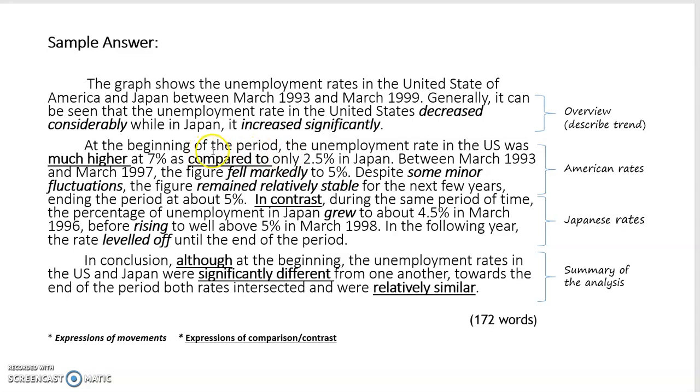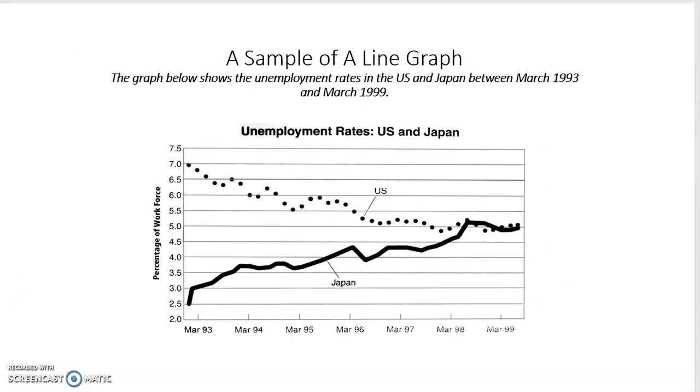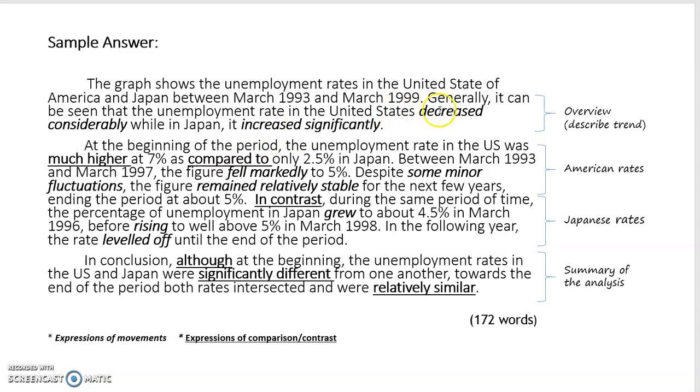So from the very beginning, it compares between US and Japan in the beginning of the period. And then it continues between March 1993 until March 1997. Okay, the figure fell markedly at 5%.